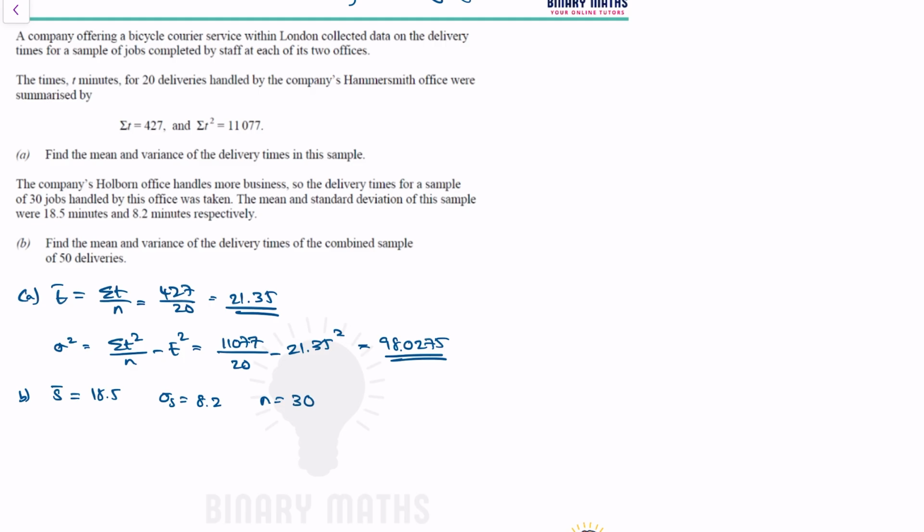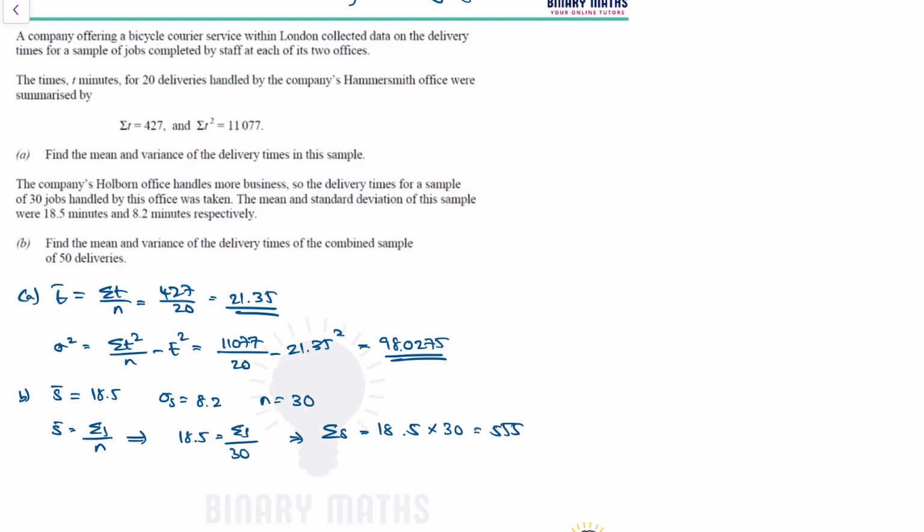So that means we need to find out using the formula. So S bar is equal to sum of S over N, which implies 18.5 is equal to sum of S over 30, which implies sum of S is equal to 18.5 times 30, which is equal to 555.